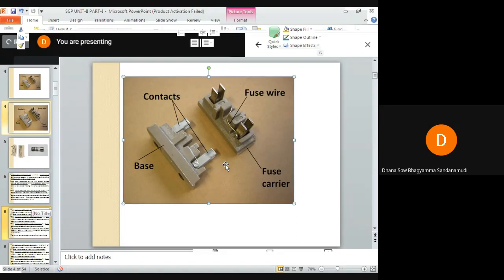You can even use zinc in the form of strips as a fusing element.